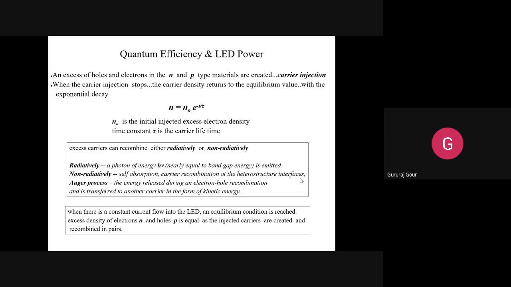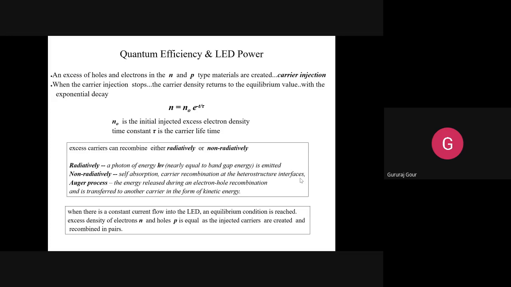The concept I want to infer from this is, one, by keeping the band gap small, we are letting more carriers fall. The density of majority carriers taking part in the recombination process is increasing.